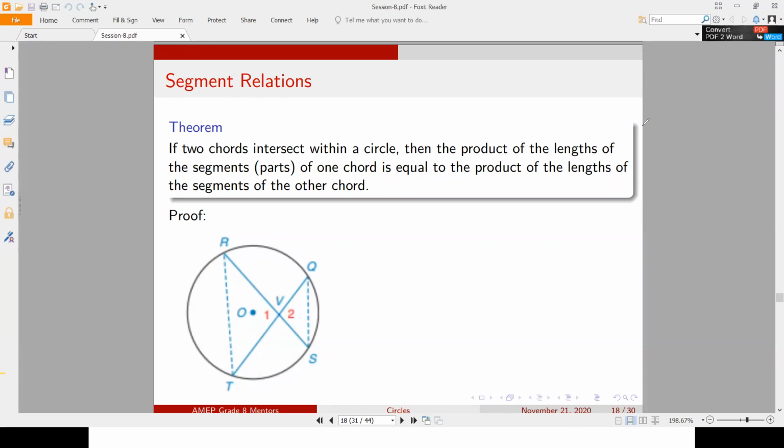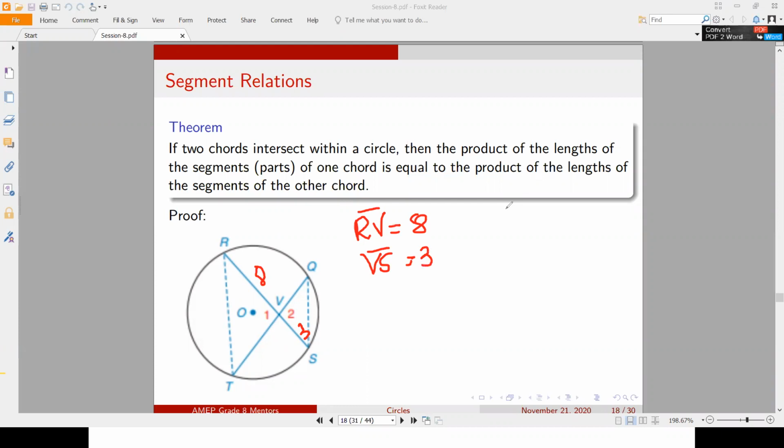Example, if the measurement of RV is 8 and the measurement of VS is 3.